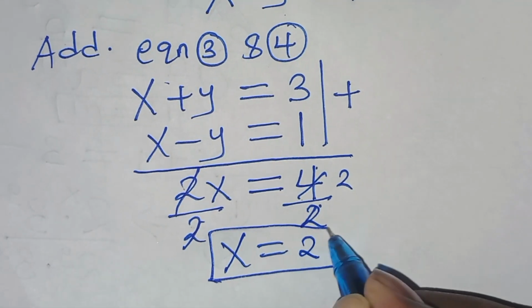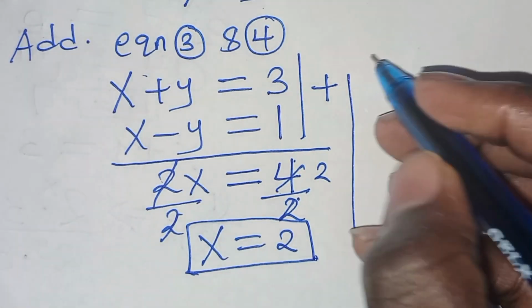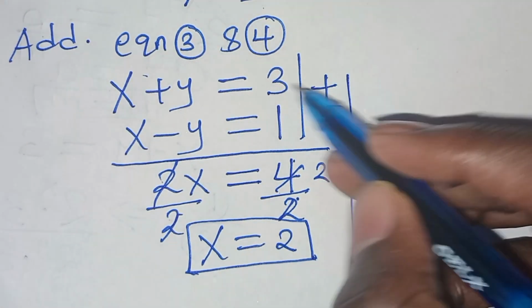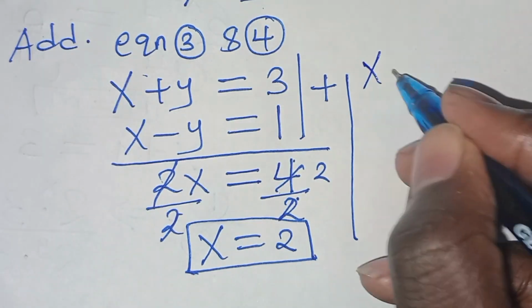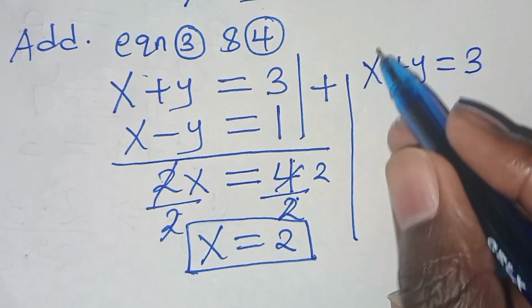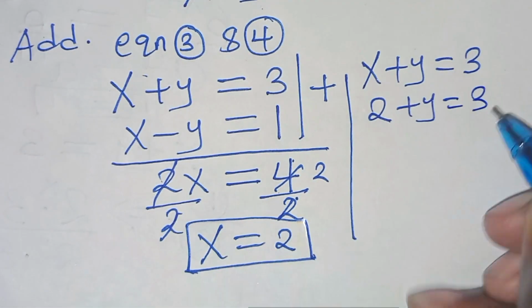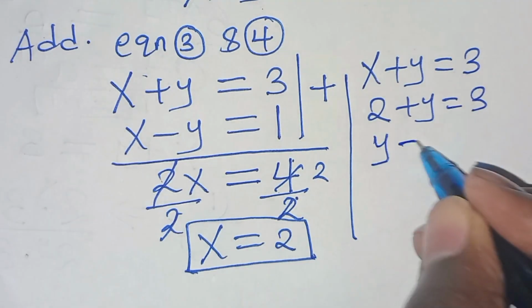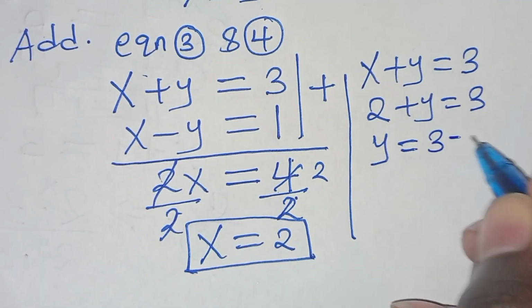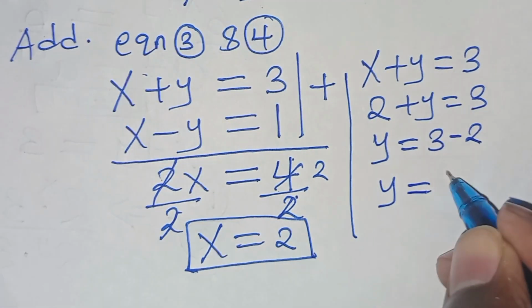Now here we have the value of x. Let's solve for the value of y. Remember from equation 3, x plus y is equal to 3. We can substitute the value of x, which is 2, plus y is equal to 3. So this means that y is equal to 3 minus 2, and this implies that y is equal to 1.